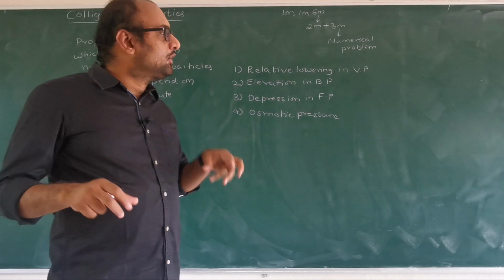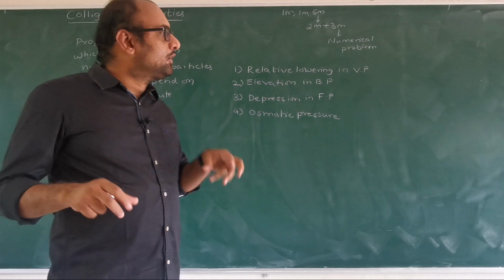Now, this value, P naught A minus PA divided by P naught A, is known as relative lowering of vapor pressure.